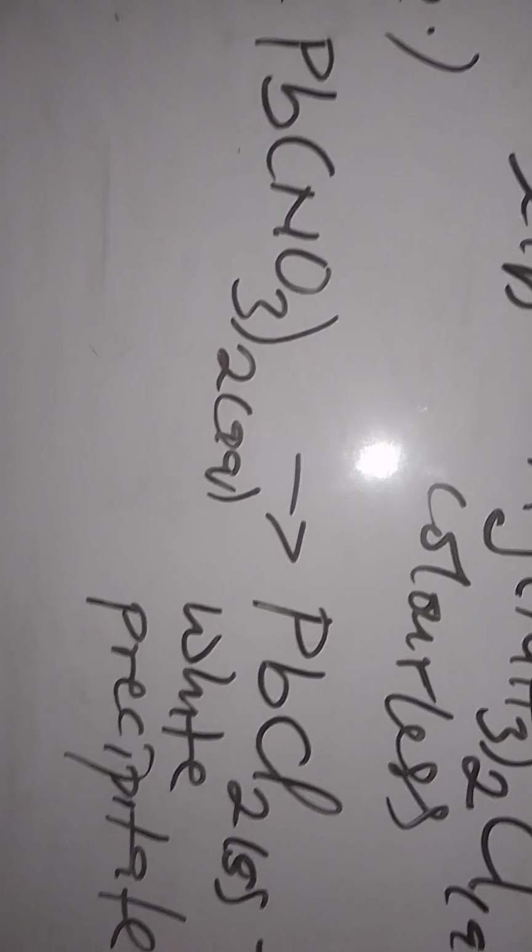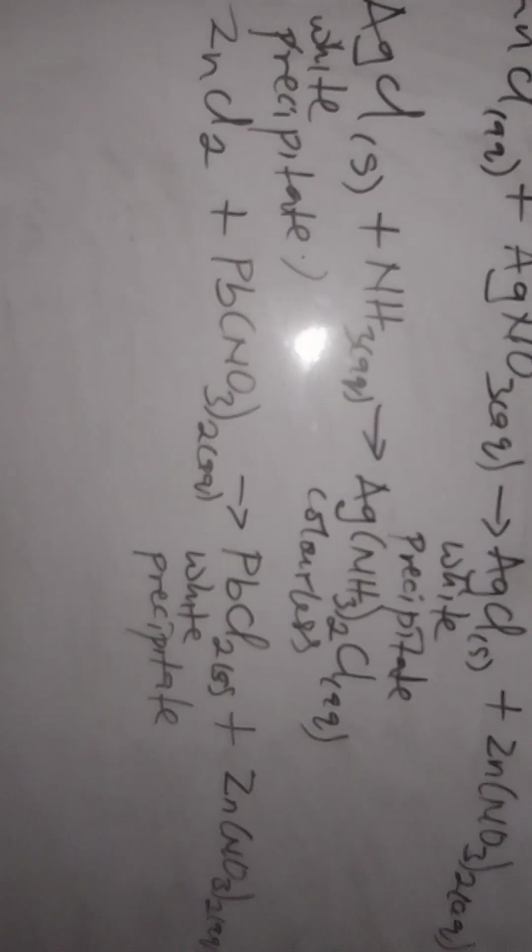If you do that, you are going to get a white precipitate of lead 2 chloride, solid white precipitate, plus what? Zinc nitrate, which is aqueous, soluble.